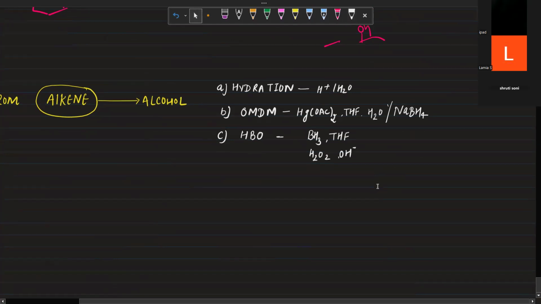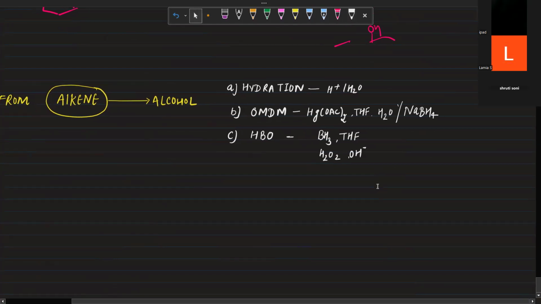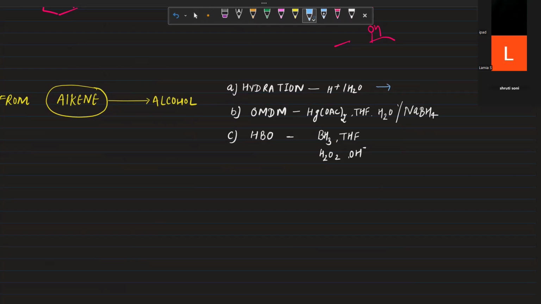So these three reactions we discussed. In hydration, what we need to know in the product part is that a carbocation will form, and if possible, then we proceed with rearrangement. In oxymercuration, demercuration, how do we identify the product?